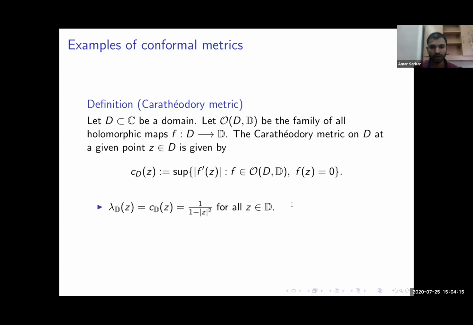On the unit disk, the hyperbolic metric and the characteristic metric are the same, given by 1 over 1 minus |z|^2, the Poincaré metric of the disk. In general, they are not the same. If you take the punctured disk, they will be different.